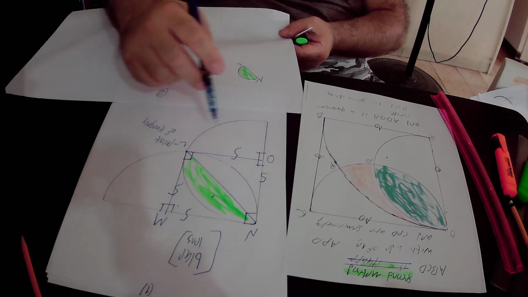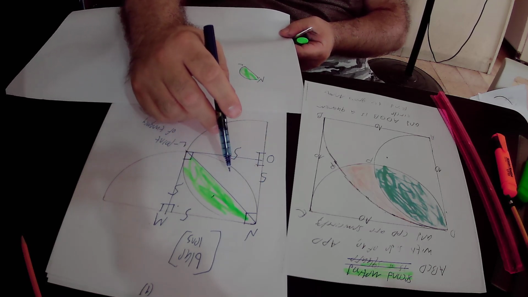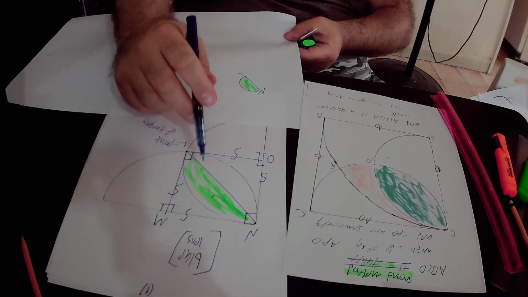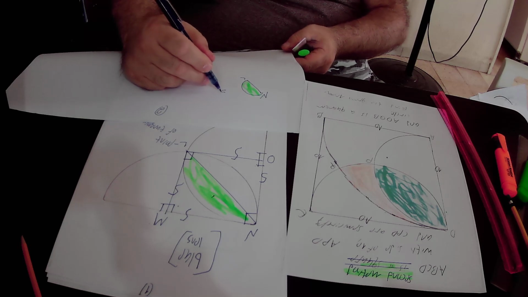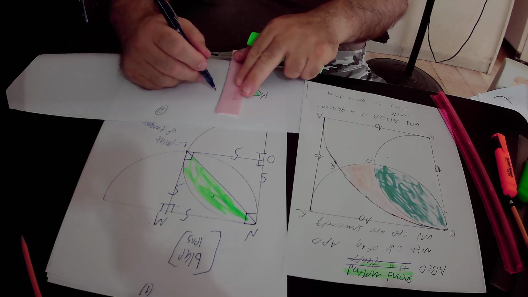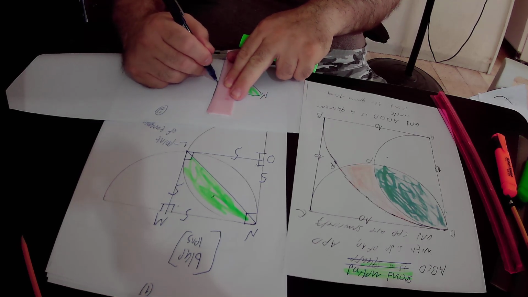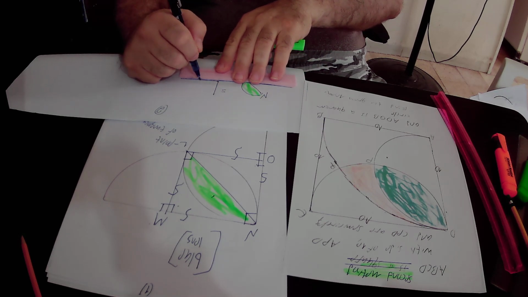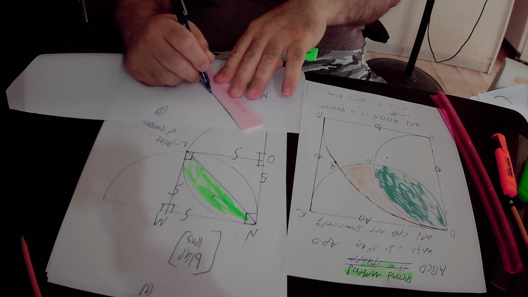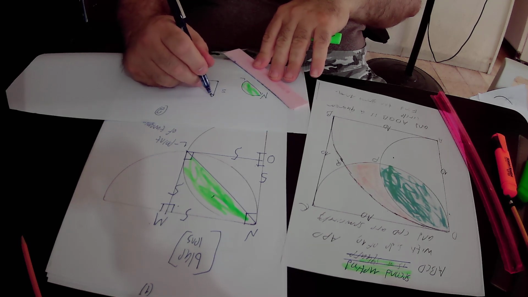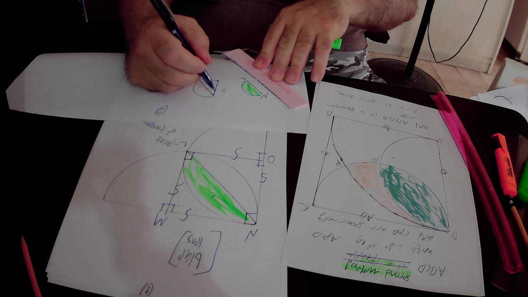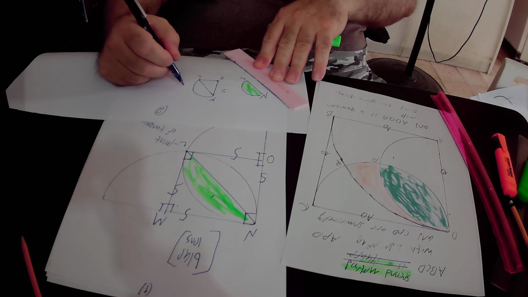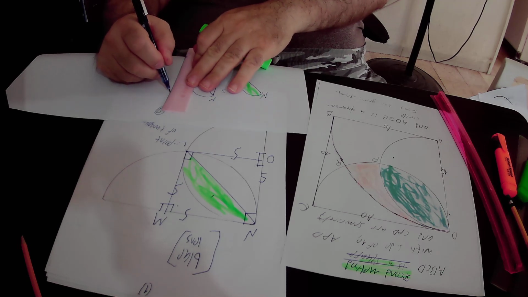Again, the area of sector NOL minus the area of triangle NOL will give us exactly the area of the circular segment NL. It is the area of sector NOL. This is sector NOL, minus the area of triangle NOL.